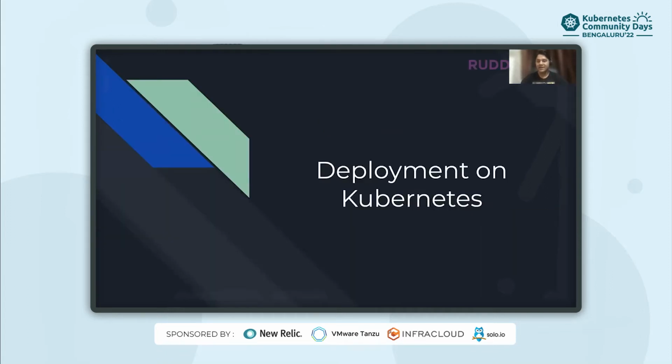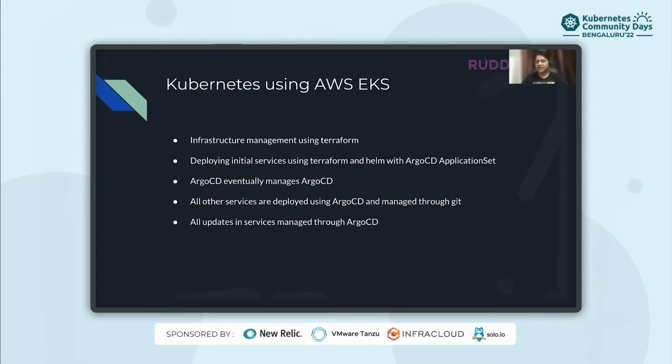Now let's go deep into how our Kubernetes architecture looks, because understanding that is very important to understand how we have built everything. We have built everything using Terraform. We very much believe that infrastructure as code is here to stay, and the core premise is that everything should be code.